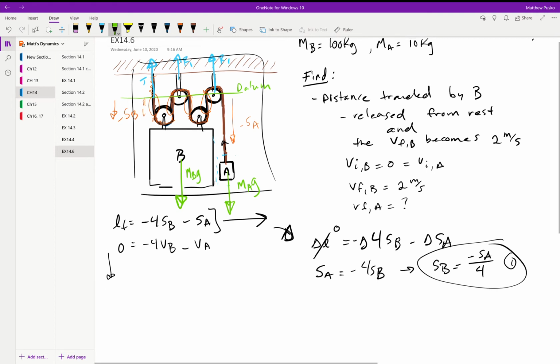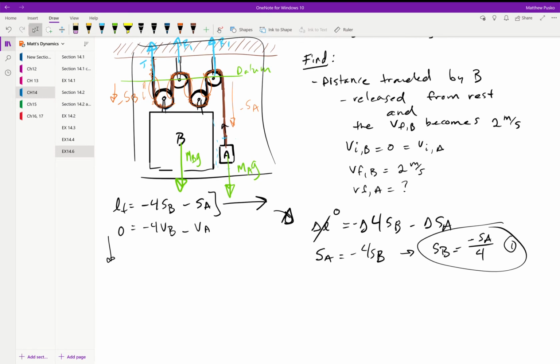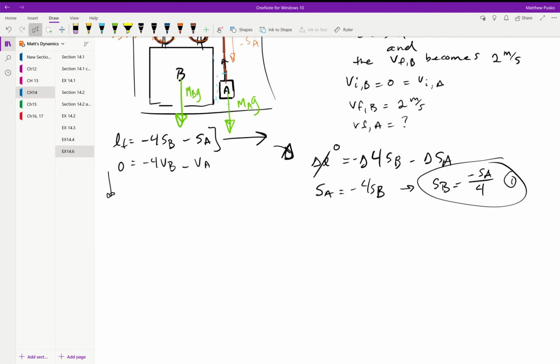Alright, let's start our principles of work and energy now. So we release them from rest, but I'm still going to write the whole thing. We've got the summation of T1 plus the summation of the work from 1 to 2 is equal to the summation of the kinetic energies at 2. Let's put some brackets or braces, whatever you like.